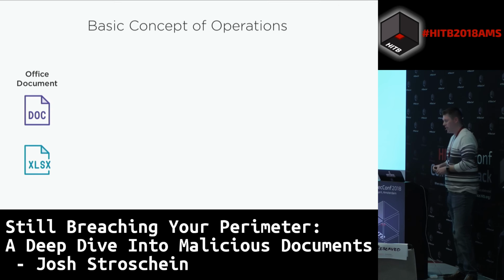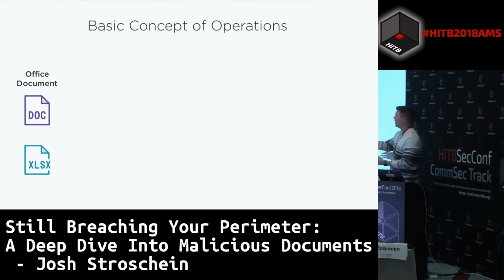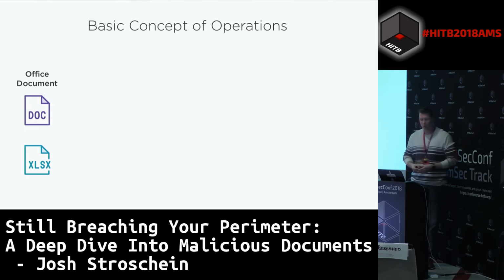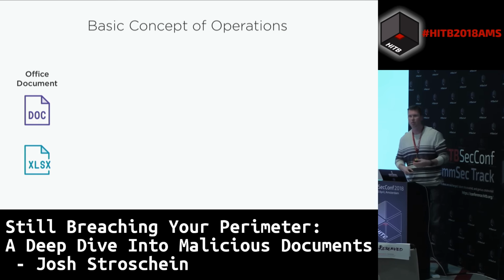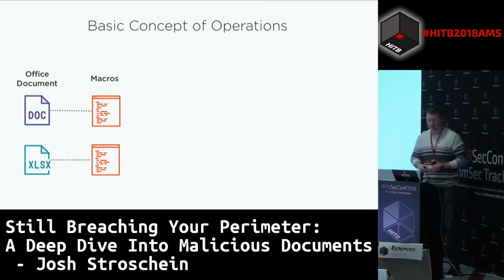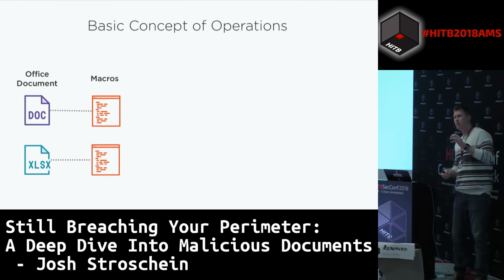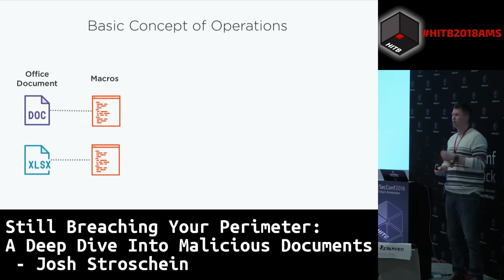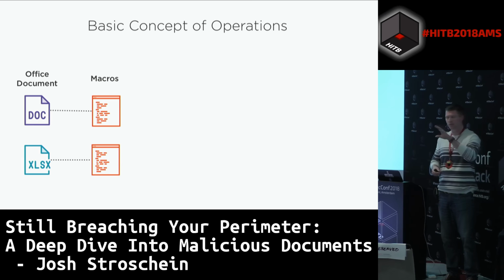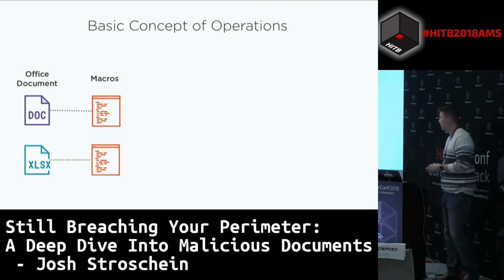I'd like to start with a basic concept of operations. All right, we have our Office documents, a doc, a spreadsheet, a PowerPoint, really anything in the suite that allows you to enable macros. This brings us to the next stage, which is the macro execution. So the document itself, default settings would require a user to enable content, and the verbiage just sometimes changes based off of the actual version of Office.